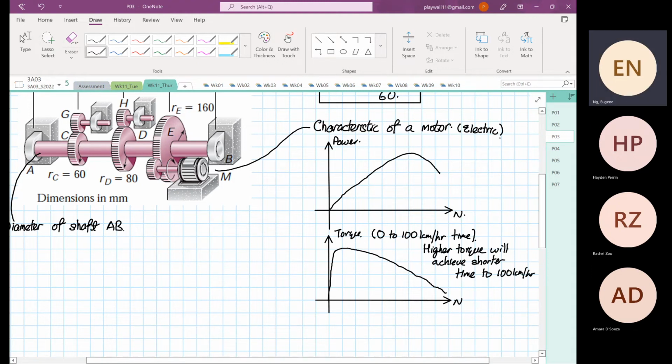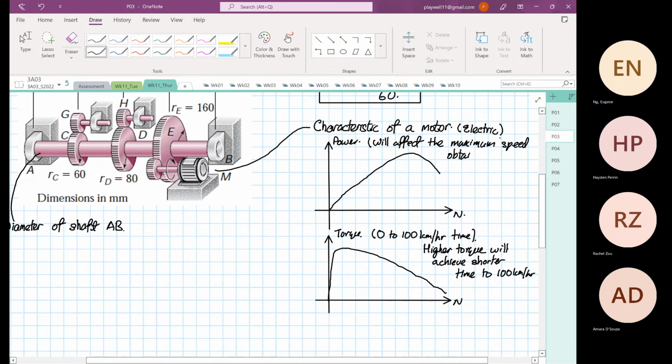Okay. Whereas the power will affect the maximum speed obtainable. Okay.